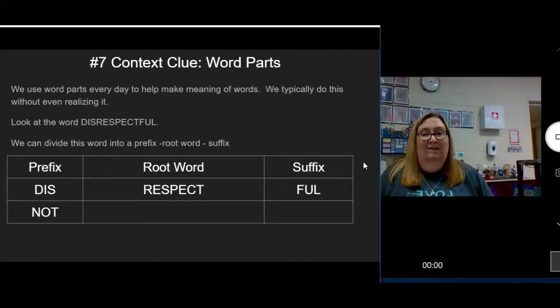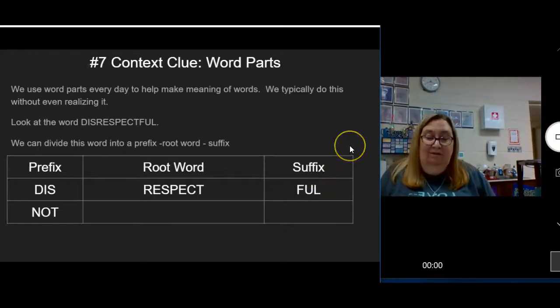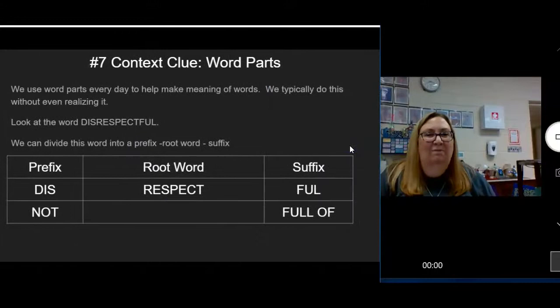Okay, so dis is not. Suffix here is ful. Now, this is really tricky, so listen carefully. The suffix ful actually means full of. Think you can remember that? I think you can. F-U-L means full of. Okay, so disrespectful means you're not full of respect.